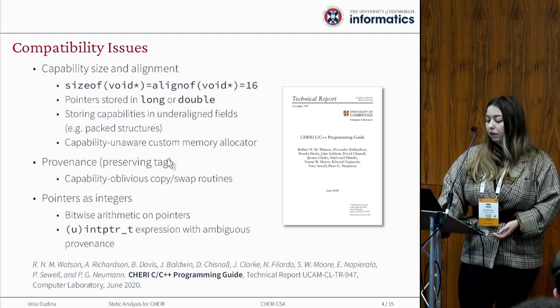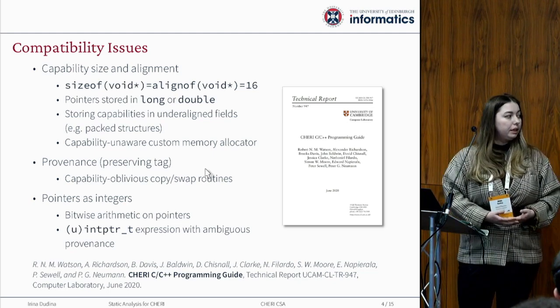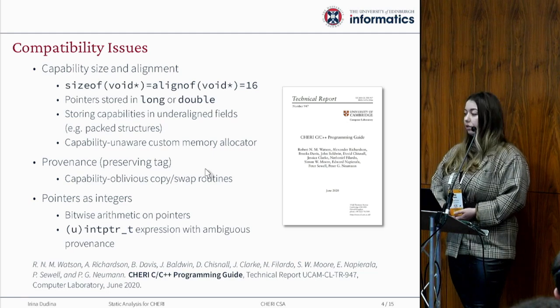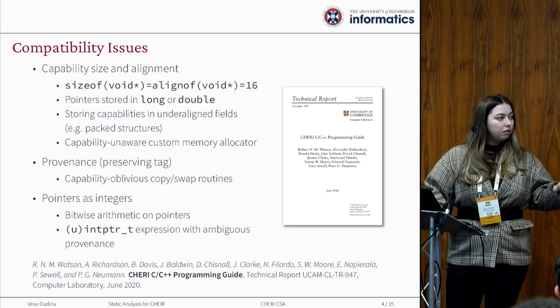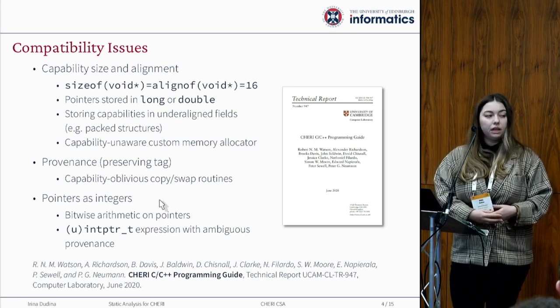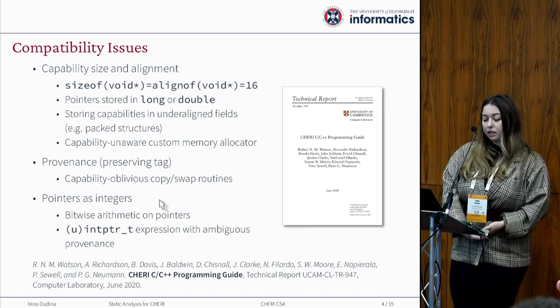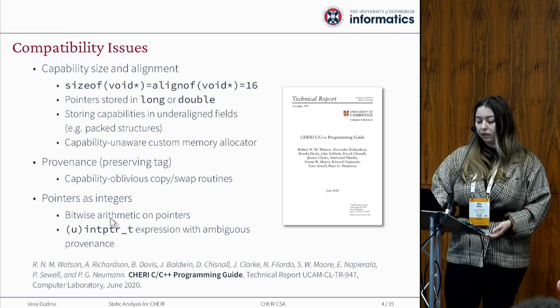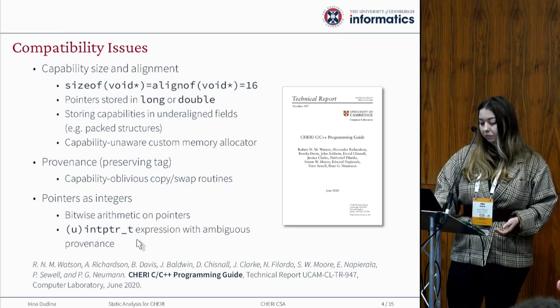Also, you need to be very careful when copying or modifying capabilities because you need to preserve the tag. Vadim explained this previously. And also a lot of issues arise from storing pointers as integers, for example, in the uintptr_t type.